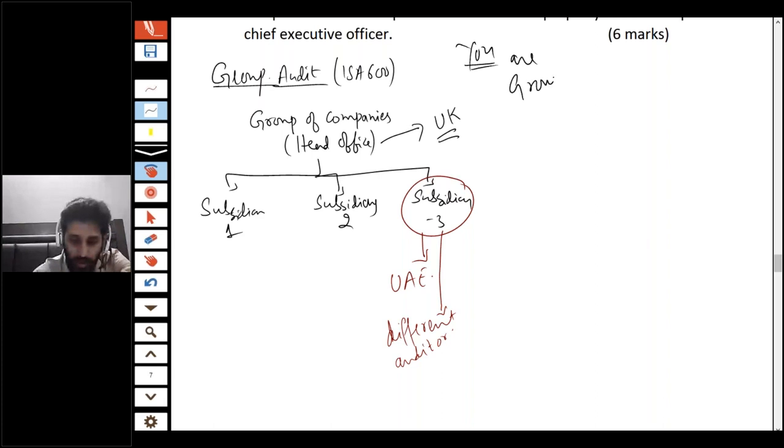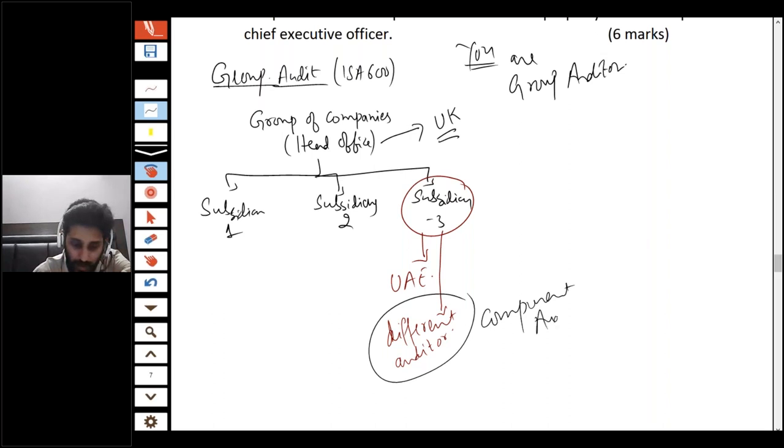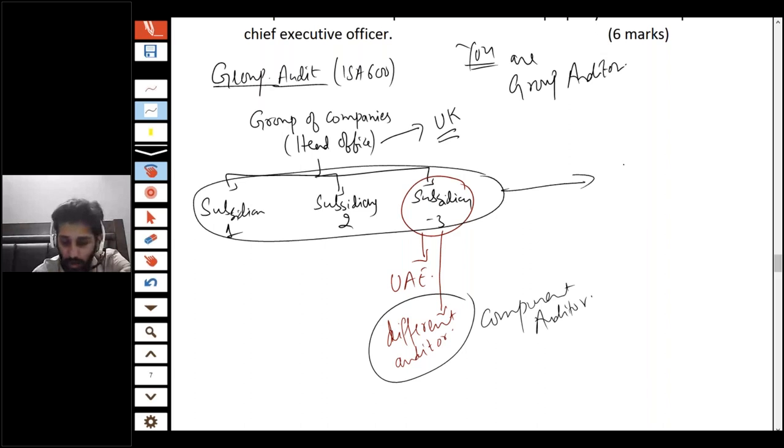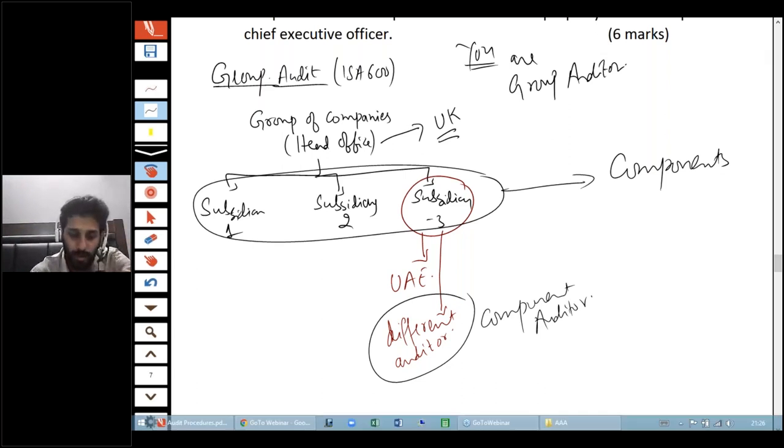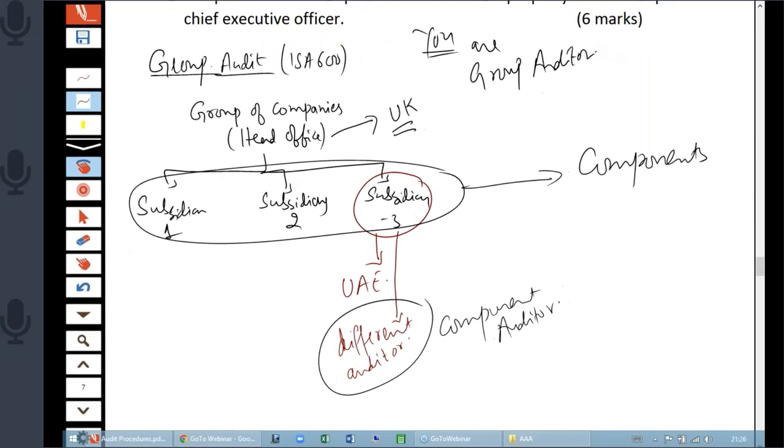This auditor is known as the component auditor, and these three are known as the components.